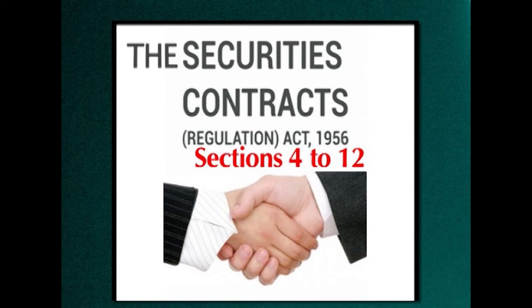The clearing corporation must make bylaws and submit the same to SEBI for approval. The provisions of sections 4 to 12 shall apply to a clearing corporation as they apply in relation to a recognized stock exchange.